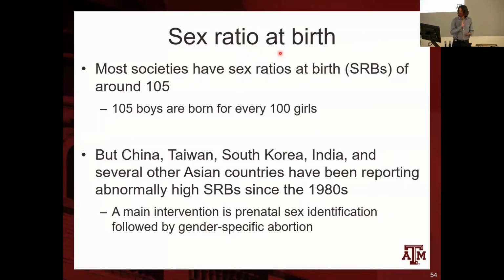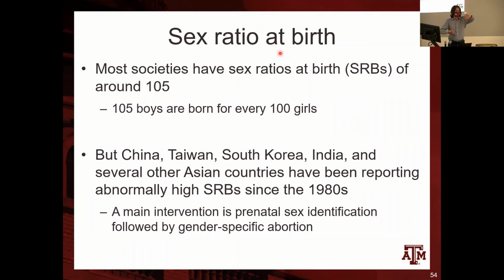Cool. And another measure for sex composition that is really widely used is the same sex ratio, but now focusing only on the number of boys and the number of girls being born in a specific year, in a specific population.